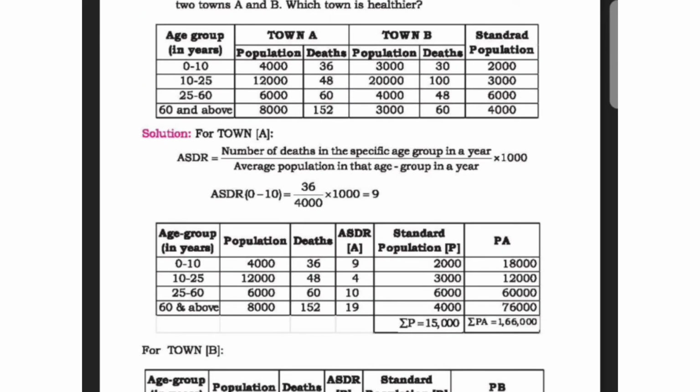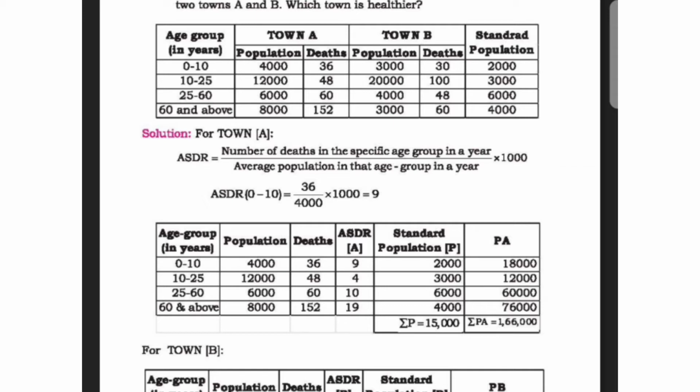Okay, all of you observe, this is a 10 marks problem I am explaining over here. Here the age group is given, town A, town B, and standard population is given. The standard population is given in a separate column, along with town A population and deaths and town B population and deaths.